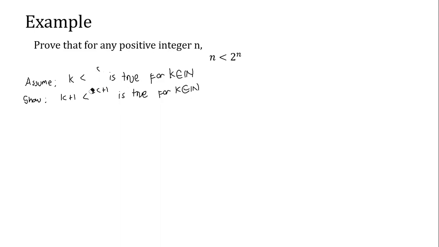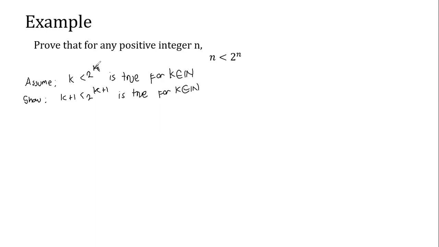Okay. Now, so dito, by the way, parang nakakalito siya. Iayos pala natin yung sulat natin. 2 raised to k. Ito naman, this is less than 2 raised to k plus 1. Now, so gamitin natin tong assumption.